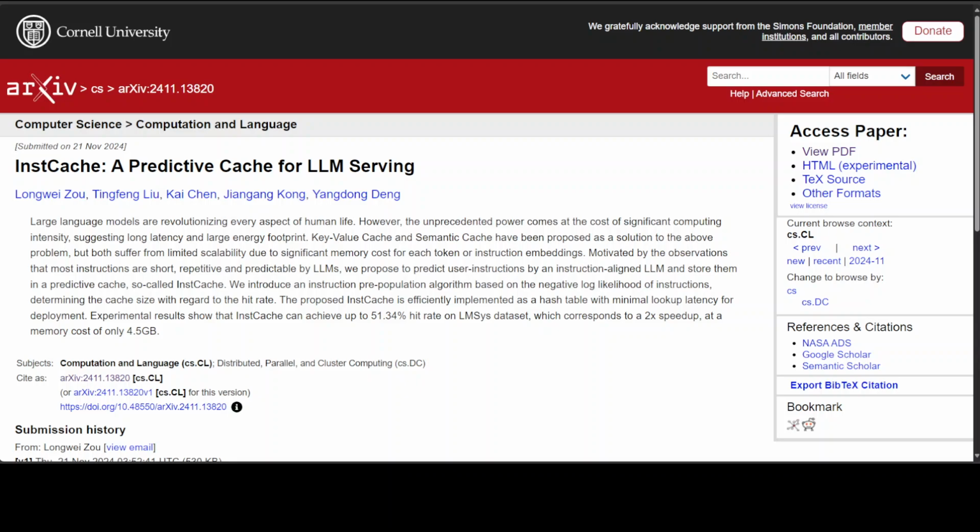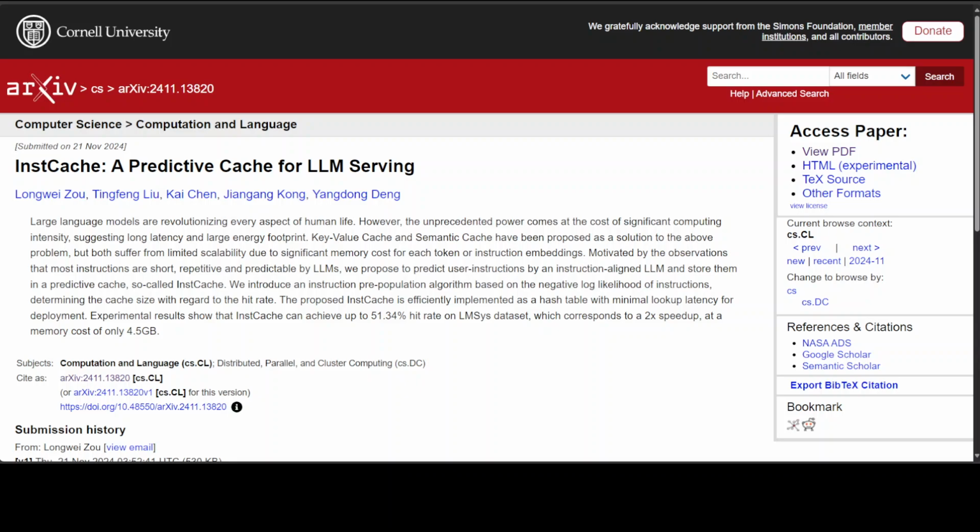Let's set the stage first and see what exactly is the preamble and requirement of this tool. As we all know, these large language models are transforming various aspects of life. They can understand and generate human-like language, but they require significant computing power, resulting in delayed responses and high energy consumption, not to mention the cost.